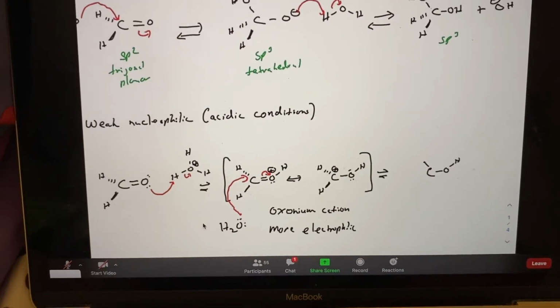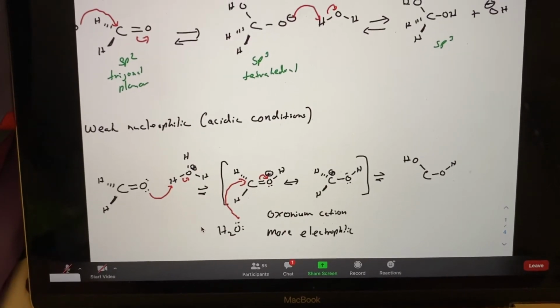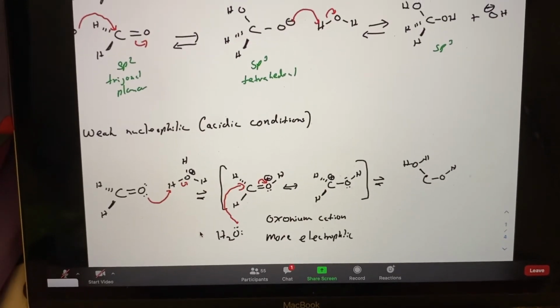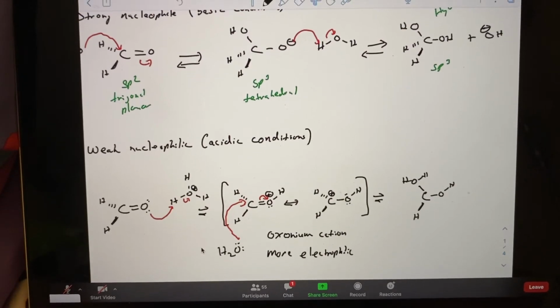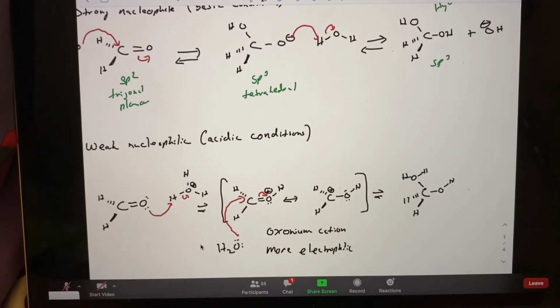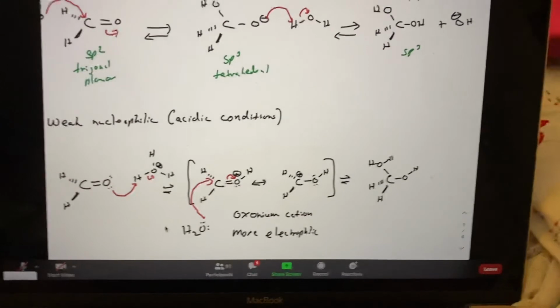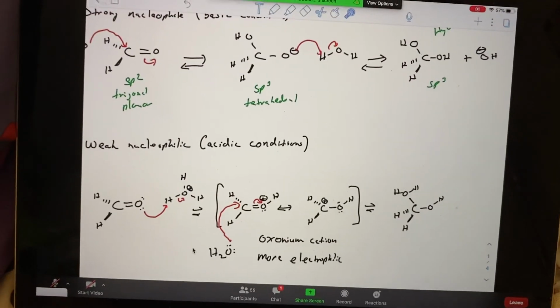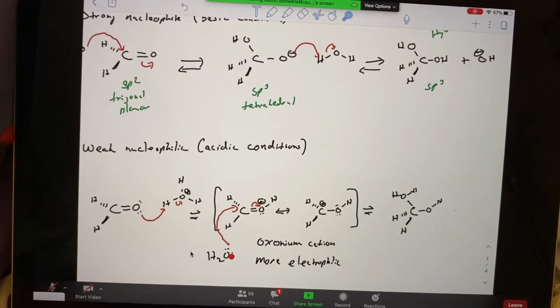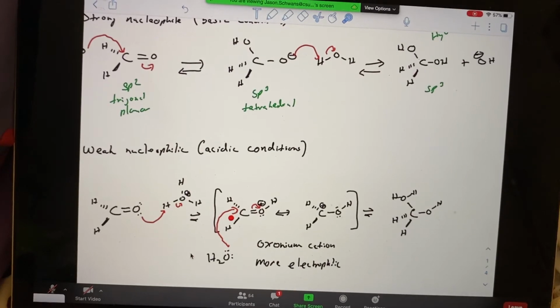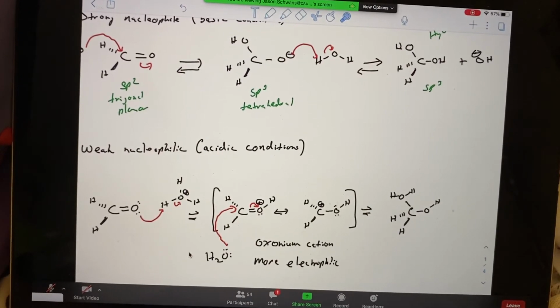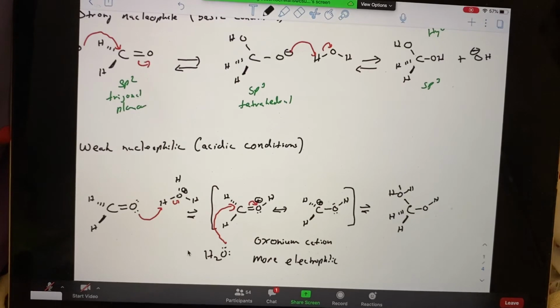So let's put the water on the top again. And I'll fill in a formal charge in a second. Now notice what we did is we started with a species that has a positive formal charge here. Water is attacking, so we still have to make sure we take into account our formal charge. And this oxygen now has a formal charge of +1.